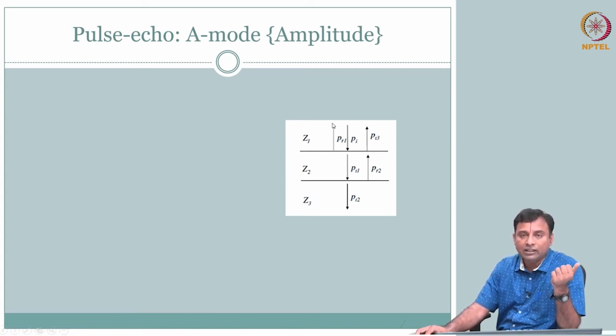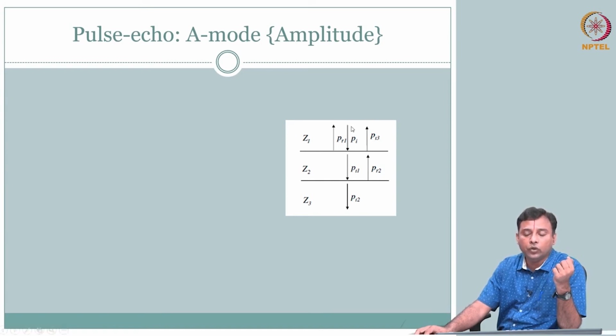But the idea is, when I send the pulse, some amount comes back, and the rest goes further down. This PT, whatever is transmitted further, interacts with the next interface. From this, some amount goes back, given by the reflection and transmission coefficients. Whatever comes back, some can get reflected and some can go forward.